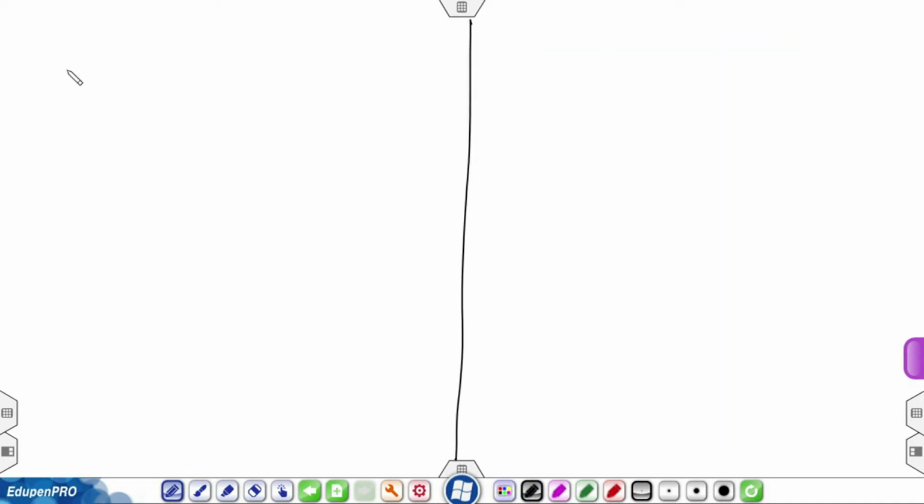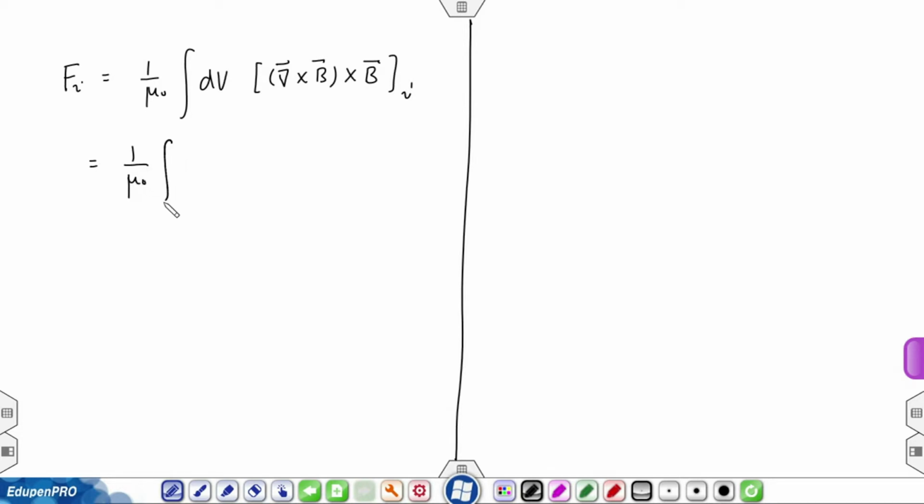So, f_i I am writing as 1 over mu 0 integration dV curl of B crossed with B, ith component, which I can write using the Levi-Civita symbol as 1 over mu 0 dV epsilon_ijk (curl of B)_j B_k.